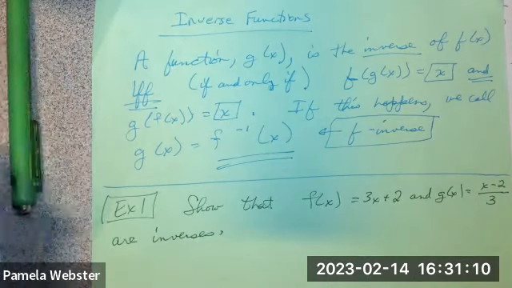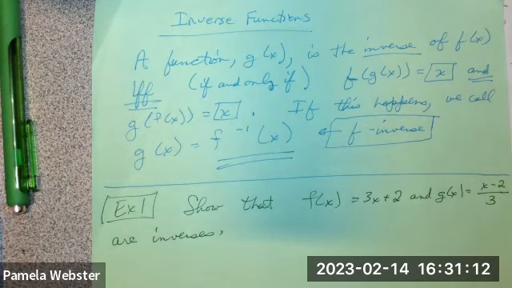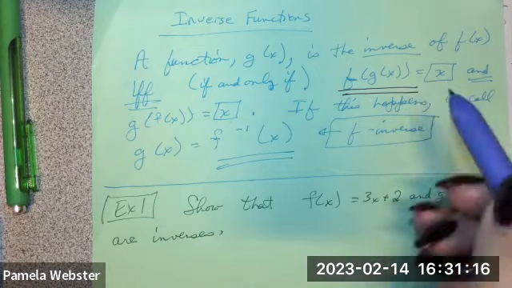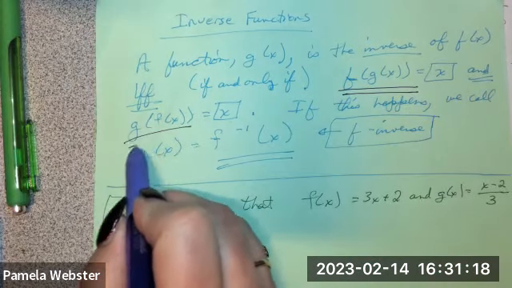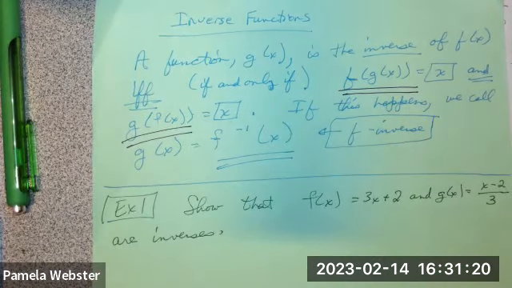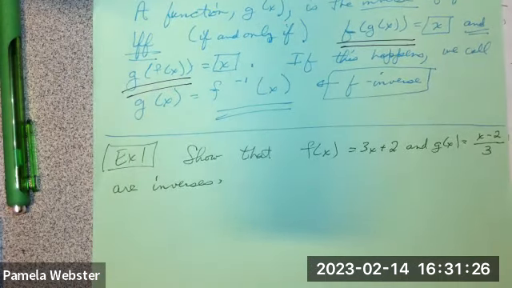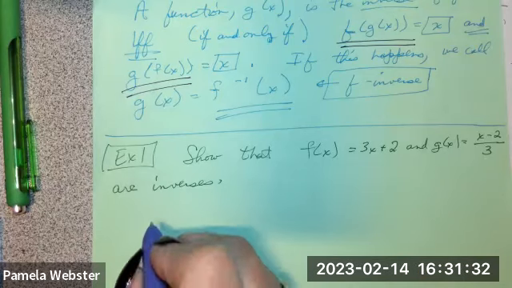So when you see that, the way you're going to check it is by doing these compositions. You've got the f of g of x, and you've got the g of f of x, and we know how to do those now. So we should be able to go back and look at that and plug things in. And when we're finished, we'll say, okay, we got x out, so it's an inverse, or oh, we didn't, so these two are not inverses.